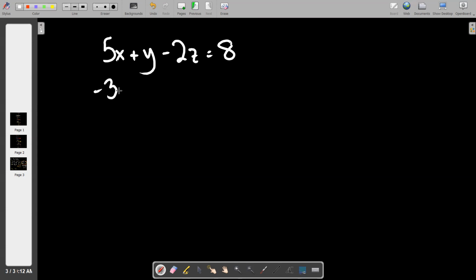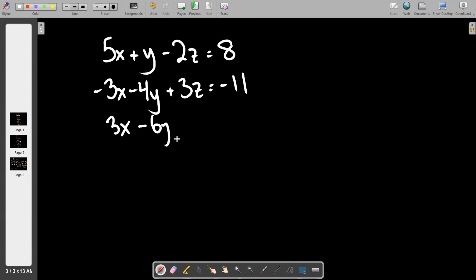Negative 3x minus 4y plus 3z equals negative 11. And 3x minus 6y. That's the worst y of all time. Let me fix that. There you go. Got it right like a big kid. Plus 4z equals 3.